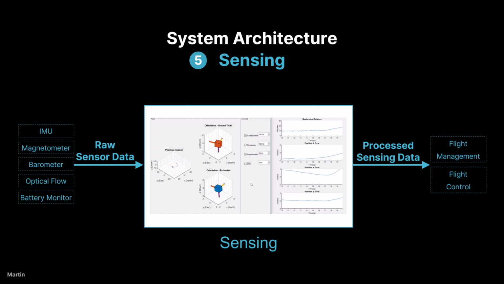Outputs consist of real-time states such as attitude, velocity, altitude, and position for control loops, flight mode selection, and safety monitoring.